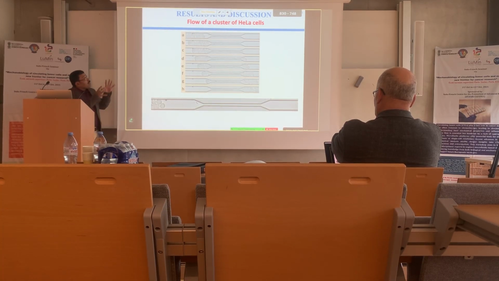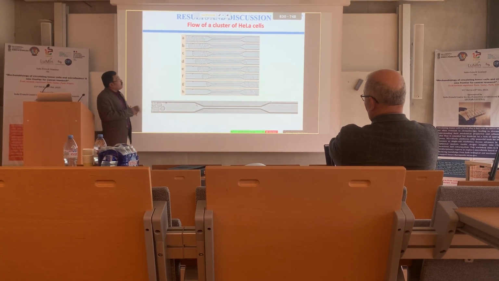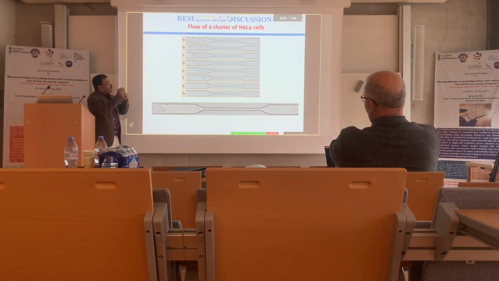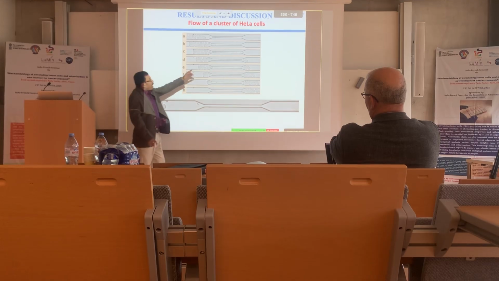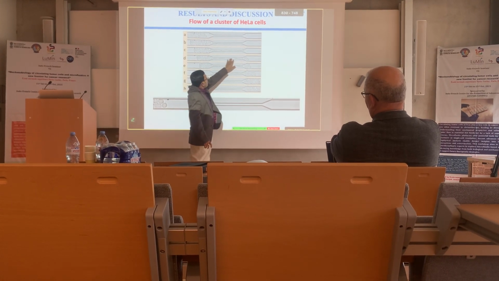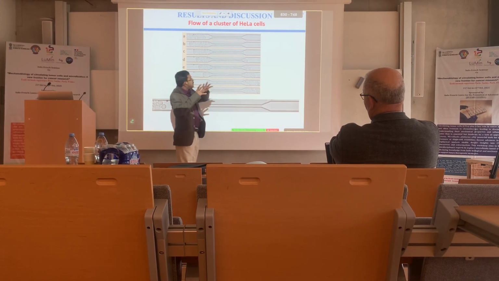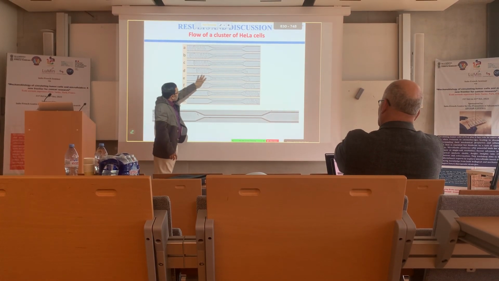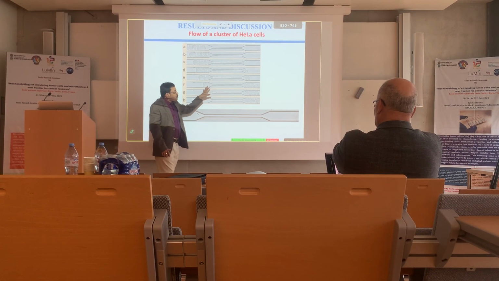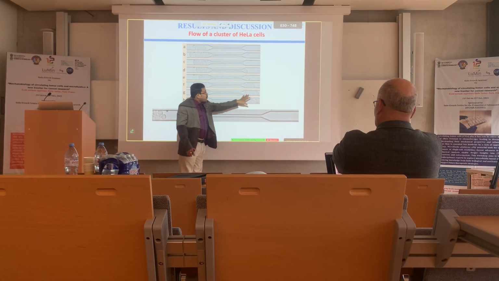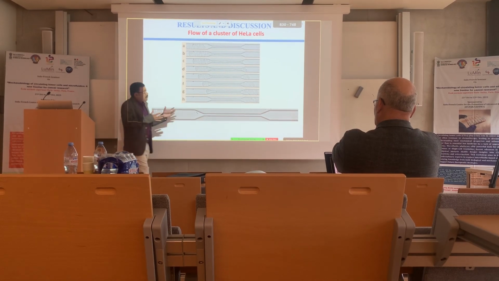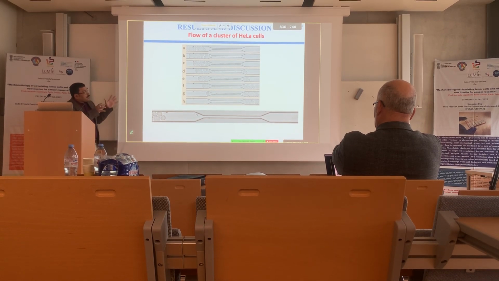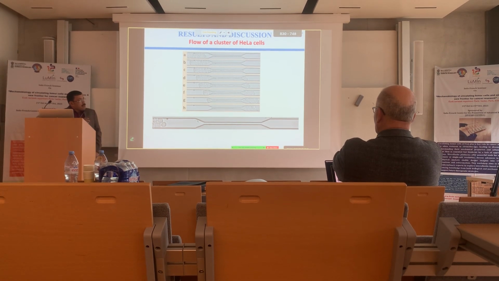Now we have a cluster of HeLa cells. It is coming near the entry region, and one by one they go inside and pass. But when one cell is passing, it is blocking, so the velocity is very low. So the residence time for the other cells is very high. You can see that when they come out, they rupture and the cytoplasm comes out for the later cells passing through this constricted channel.